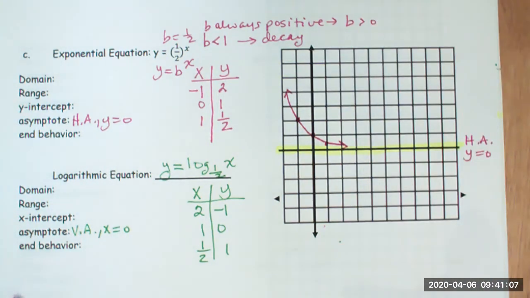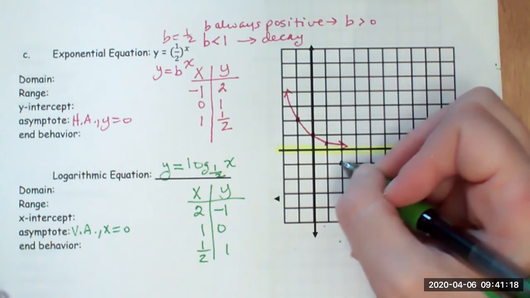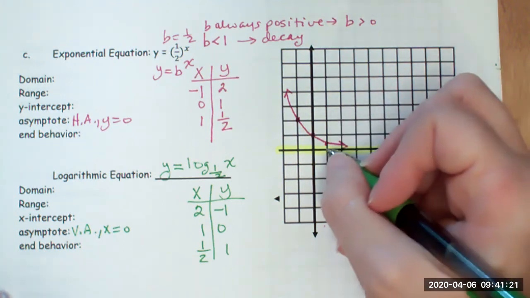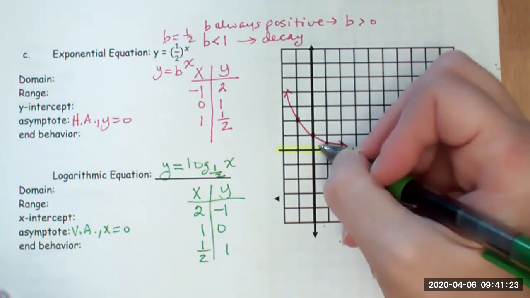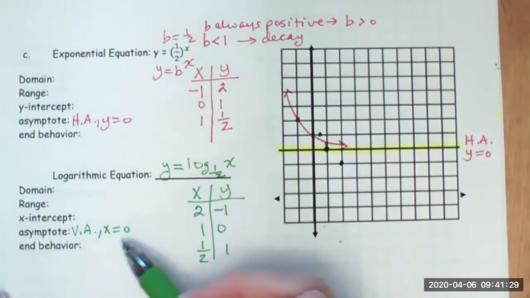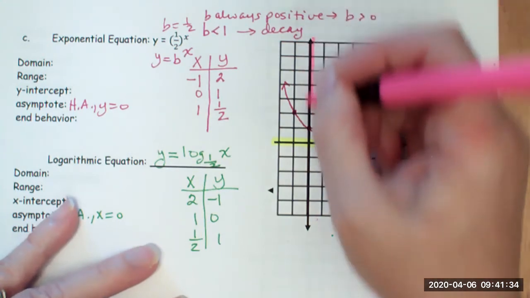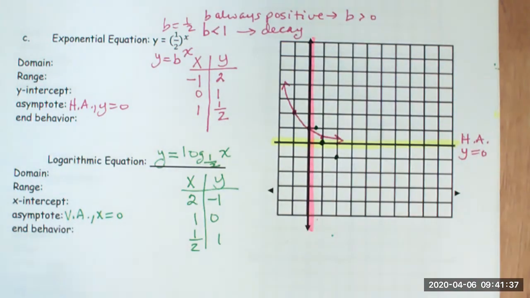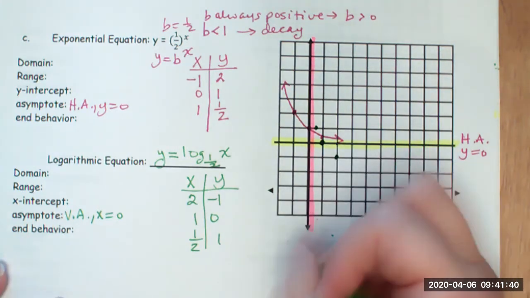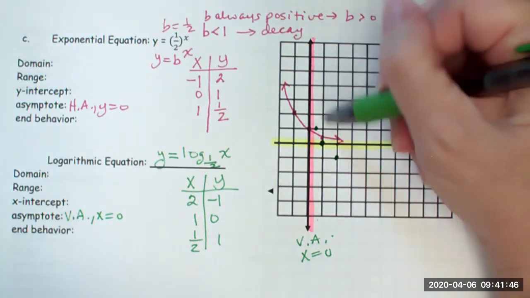Now I'll do the same for the logarithmic, the inverse. We've got 2, -1, 1, 0, 1/2, 1, and be mindful of that vertical asymptote at x equals 0 when you draw this line. So there's that vertical asymptote at x equals 0, and we'll go ahead and draw this line.